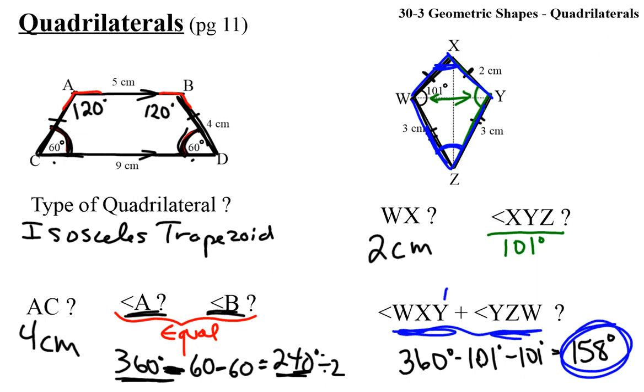These two angles are not equal. It's just the ones that are beside each other that are equal, the green ones that I identified. These other two total 158 degrees together, we don't know what they are individually. There's just no way to know.